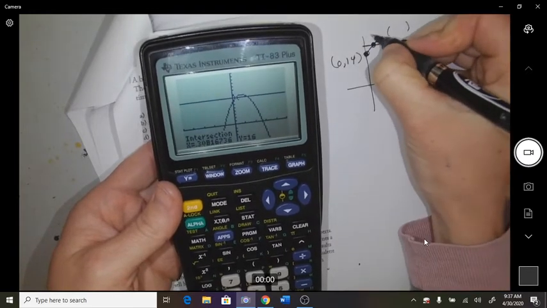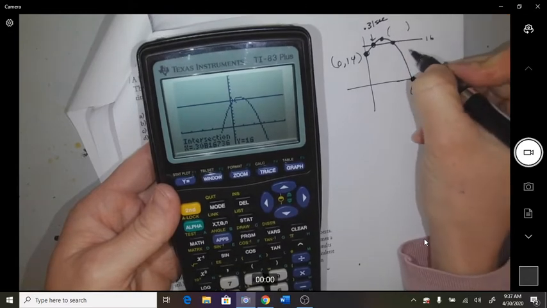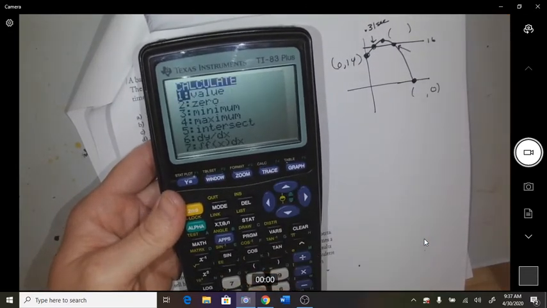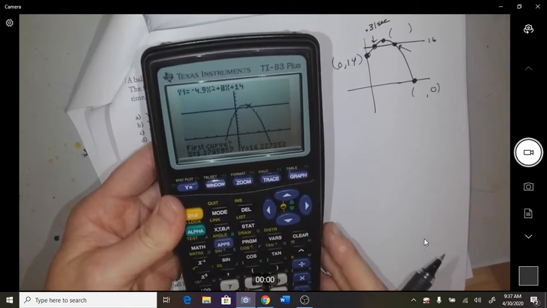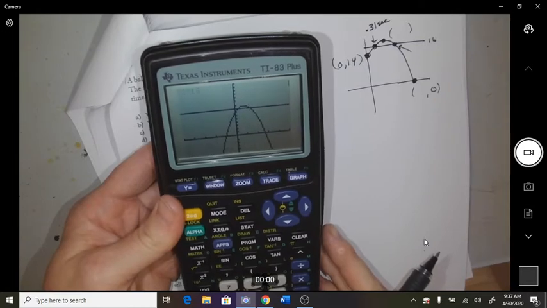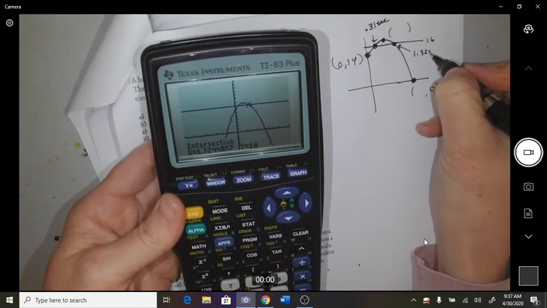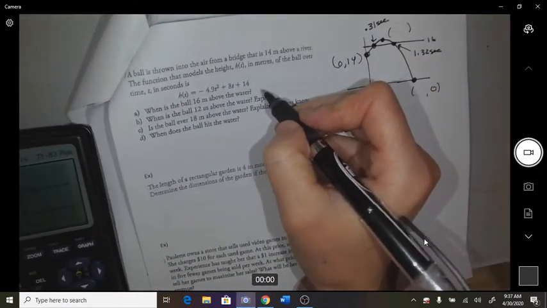So this is 0.31 seconds. And then calculate the intersection. So now I'm going to move my cursor so that it's closer to this intersection so it knows to find that one. And 1.32 seconds. So those are the answers for the first one.